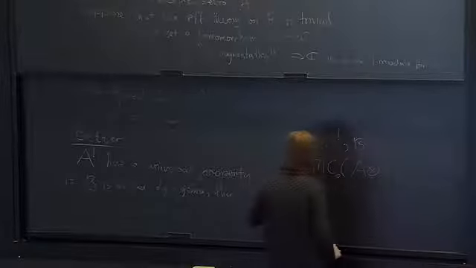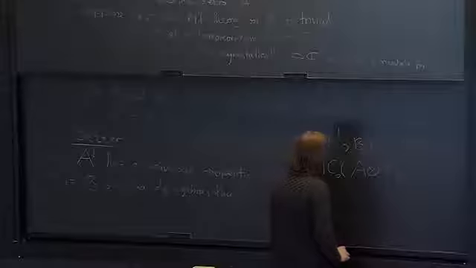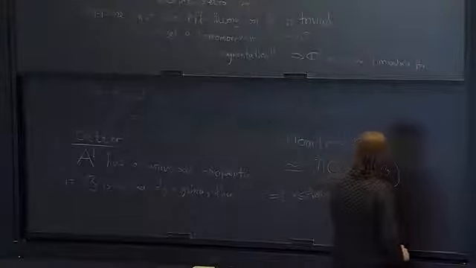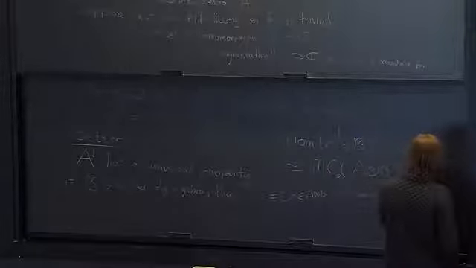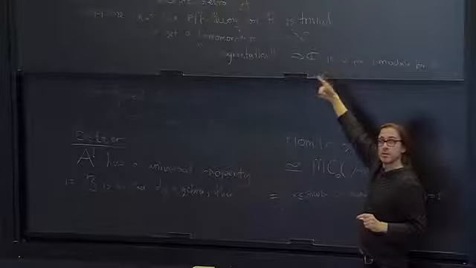This is the set of alpha in A tensor B such that alpha becomes 0 in C tensor B. So the kernel of this map is some ideal, and we divide by that ideal.